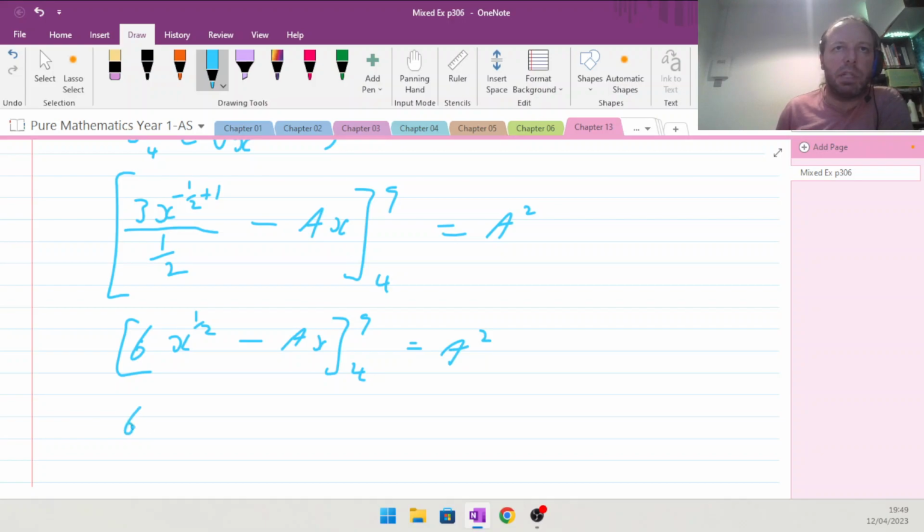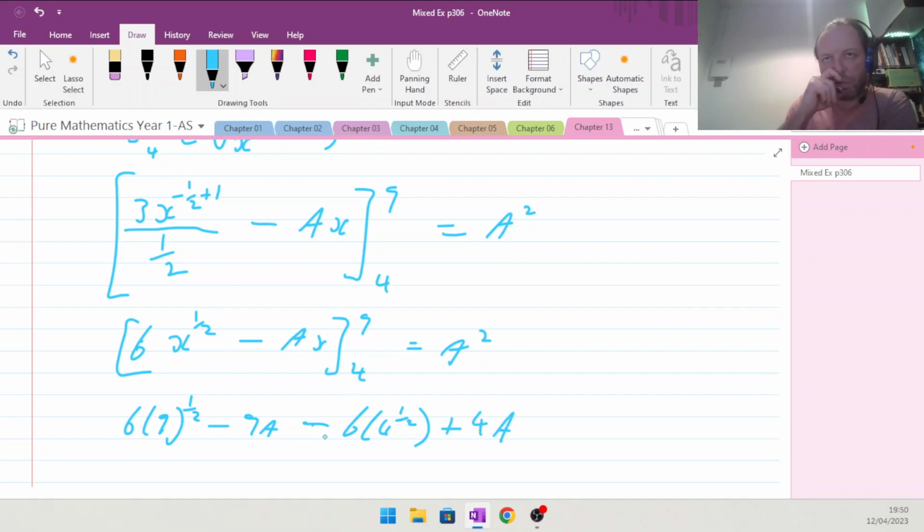So we have 6 times 9 to the power of a half minus 9a minus 6 times 4 to the power of a half plus 4a, noting the sign change as we went through there, is equal to a squared.